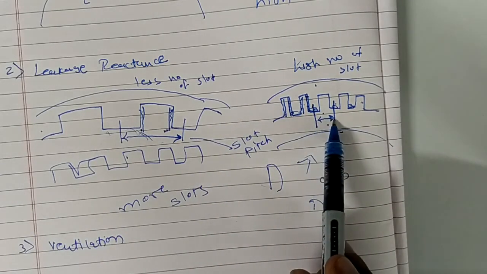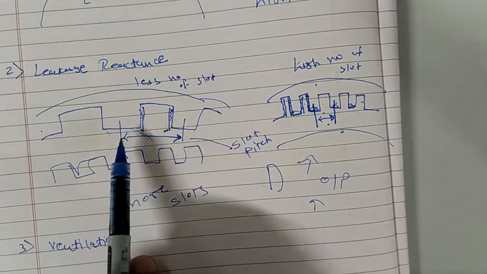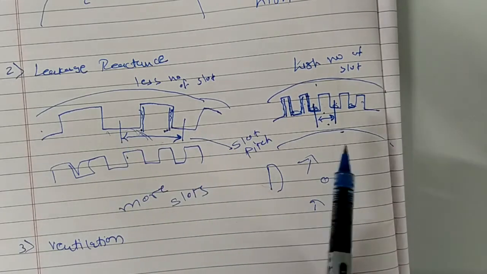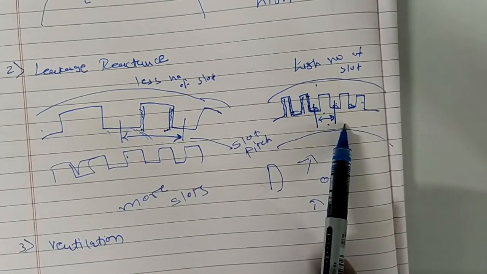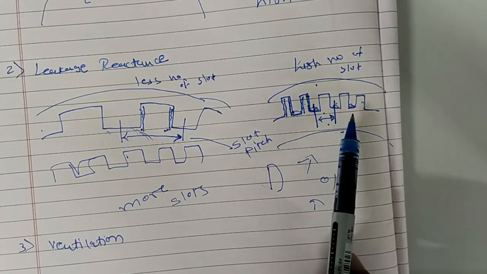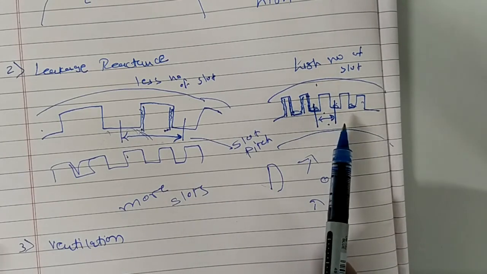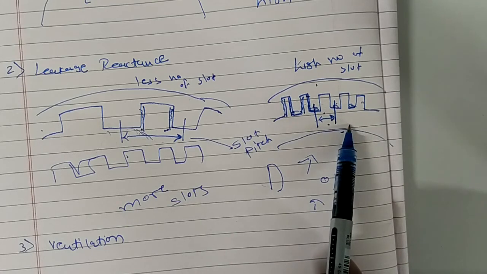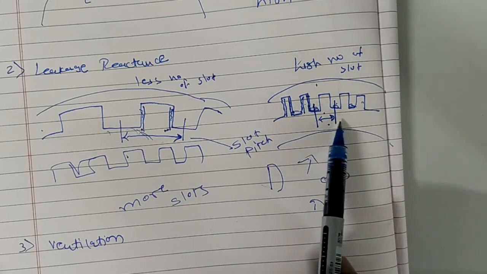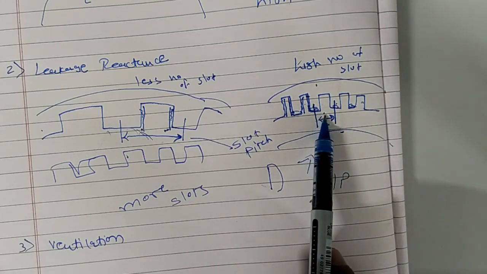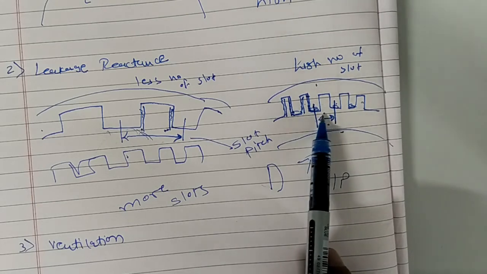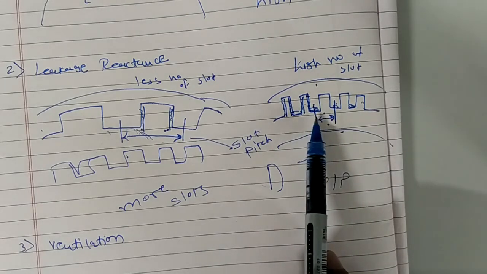See, here slot pitch is less, here slot pitch is bigger. If the slot pitch is smaller, the tooth width is also small as per this figure, so with a larger number of slots the thickness of the teeth will become smaller, and it will also become mechanically weak.